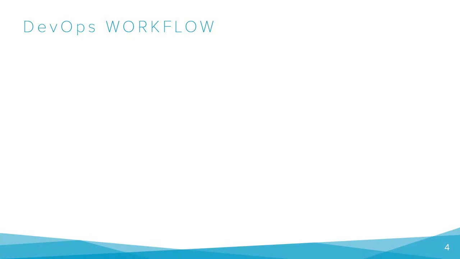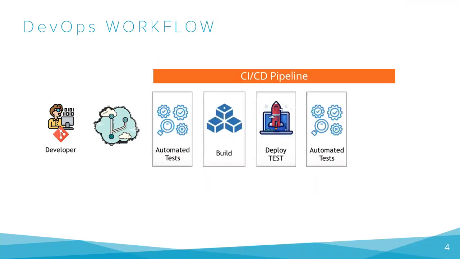Before we dive into DevSecOps, let's have a quick overview of DevOps. Developers check in the code. This triggers an application delivery pipeline. As part of the pipeline, unit tests and automated tests are run. The application is deployed to the test environment where more tests and other tasks can be taken up.